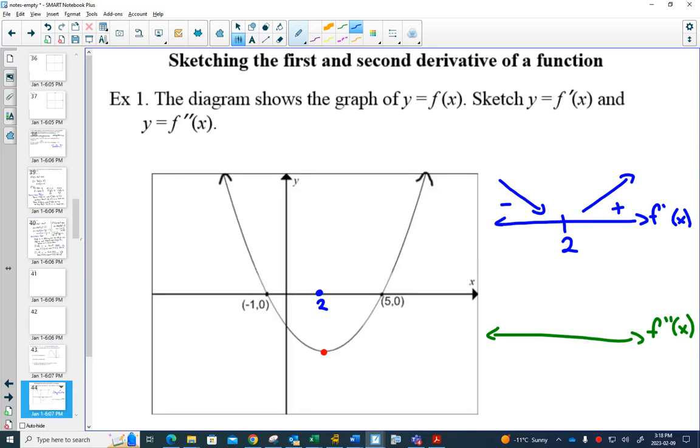A positive. So my first derivative graph, after 2 has to be positive, before 2 has to be negative. And there's a sketch of what f prime of x could look like.